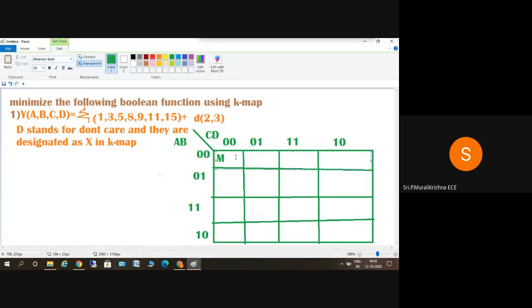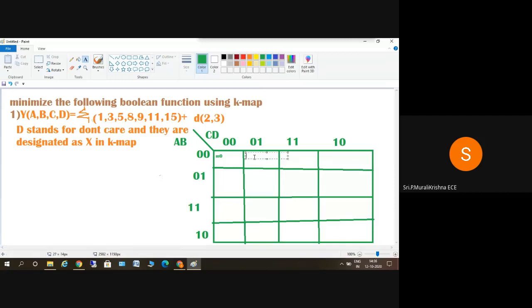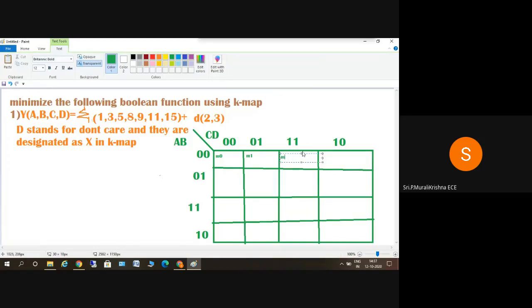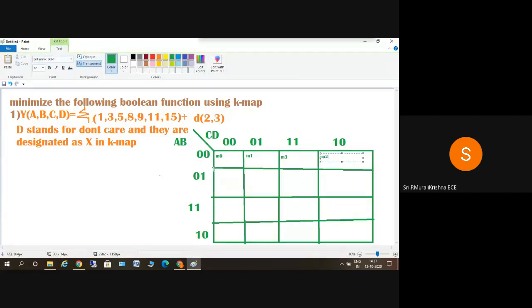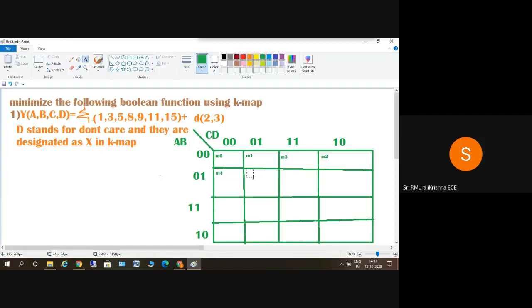This is M0, M1, M3, M2. Why I'm writing repeatedly is because you should get practice writing the minterms. Many people are absent from the classes, so that is the reason.